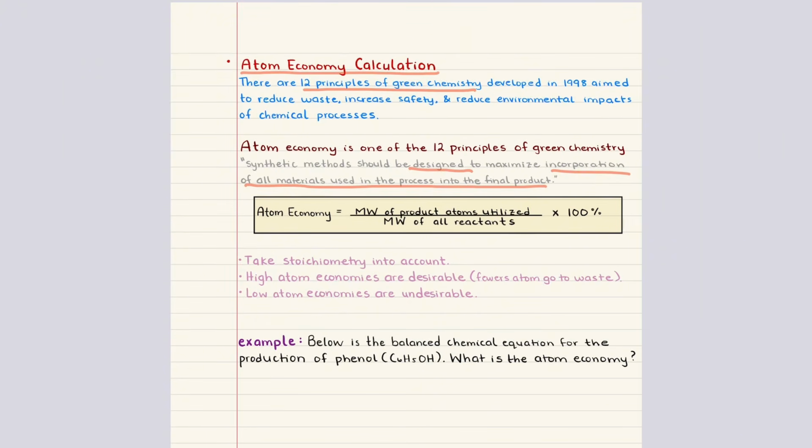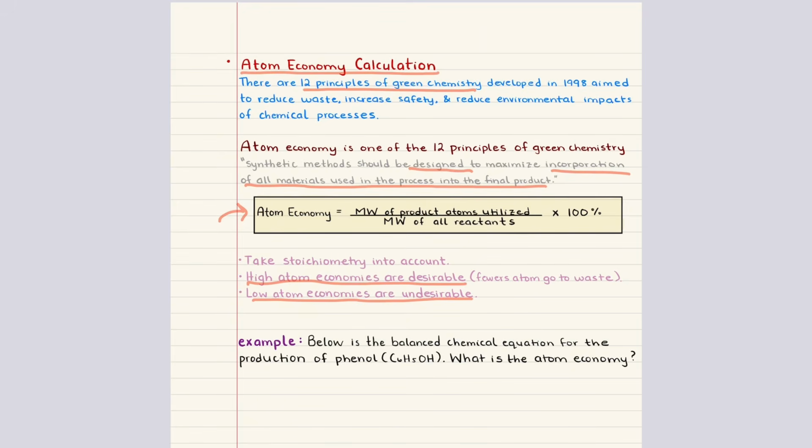In other words, a reaction with a high atom economy turns most of what you start with into what you want. A low atom economy means a lot of your starting material ends up as byproduct rather than product.